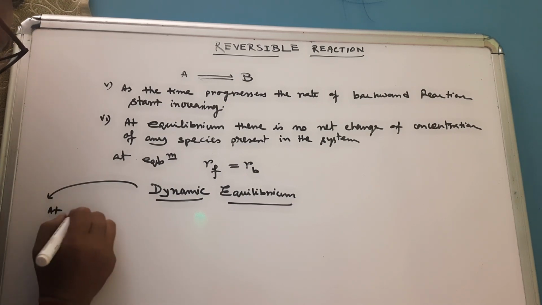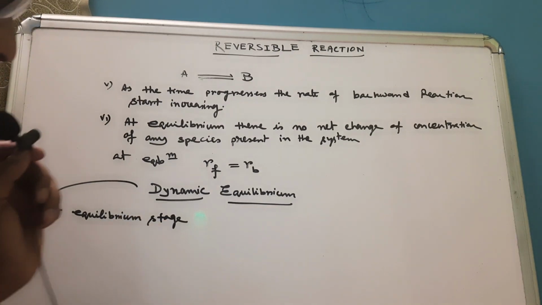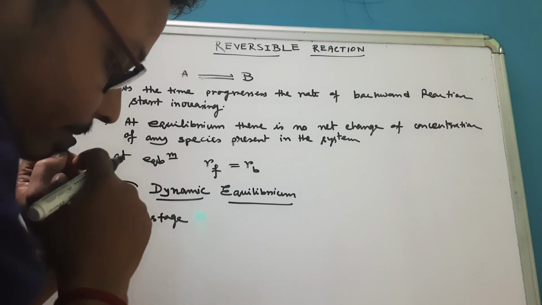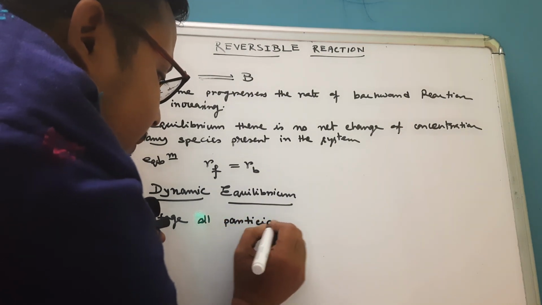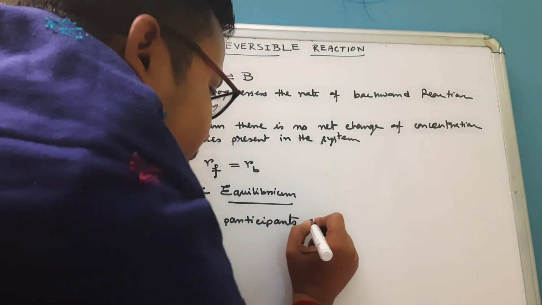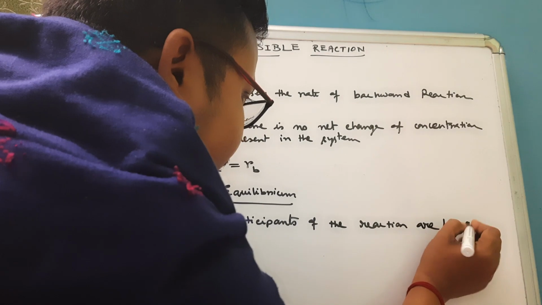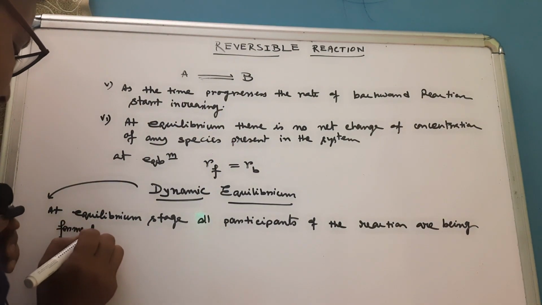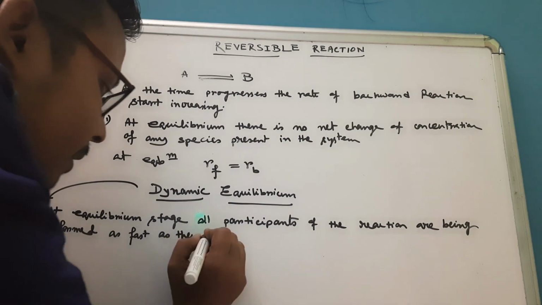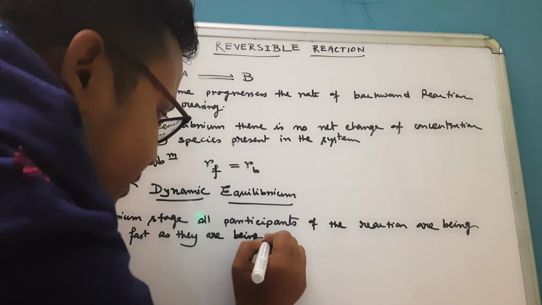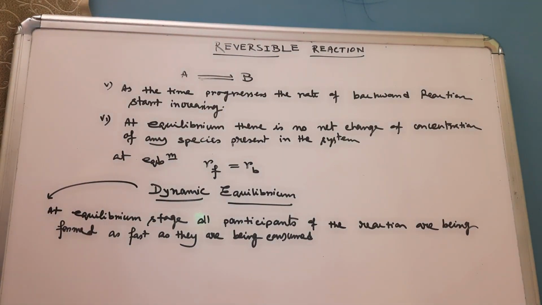At the equilibrium stage, all participants of the reaction are being formed as fast as they are being consumed, and hence there is no further change of the concentration of any participants.